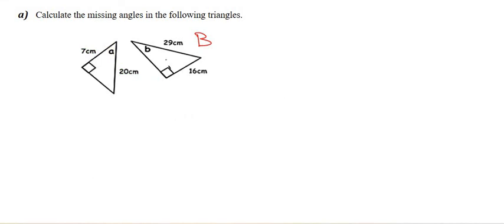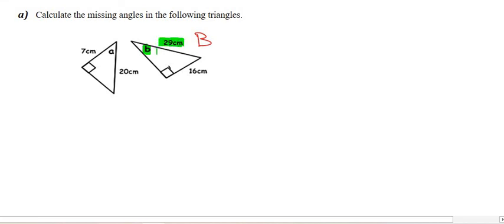Yes, here in triangle B, we are required to find the value of angle B, and we are given the hypotenuse to be 29 centimeters and the opposite side, which is 16 centimeters. So here we are given the hypotenuse and the opposite side.